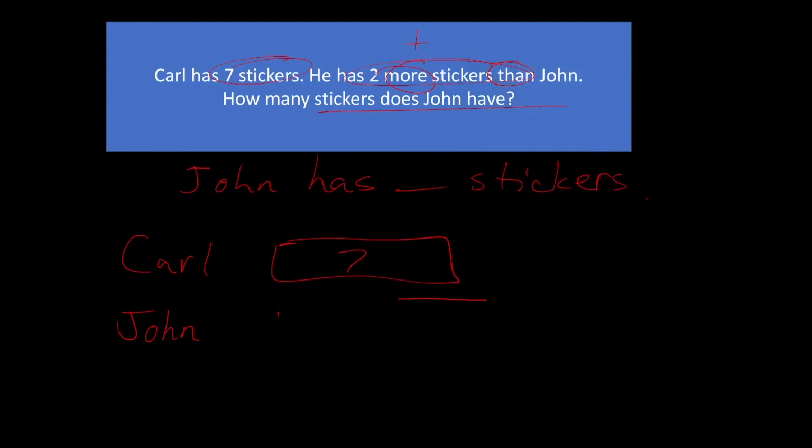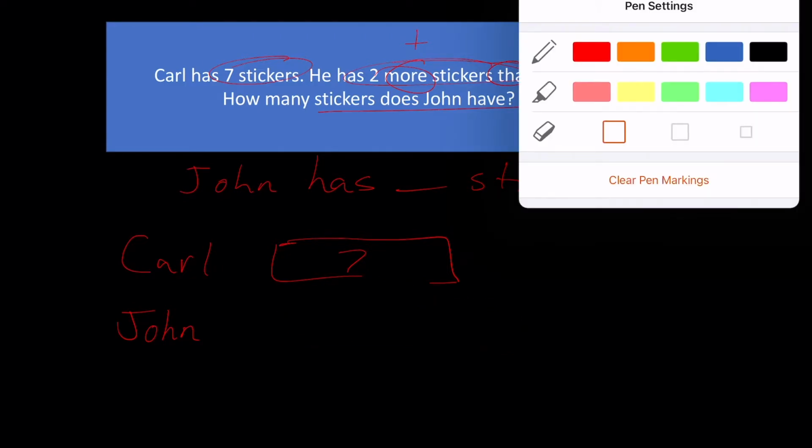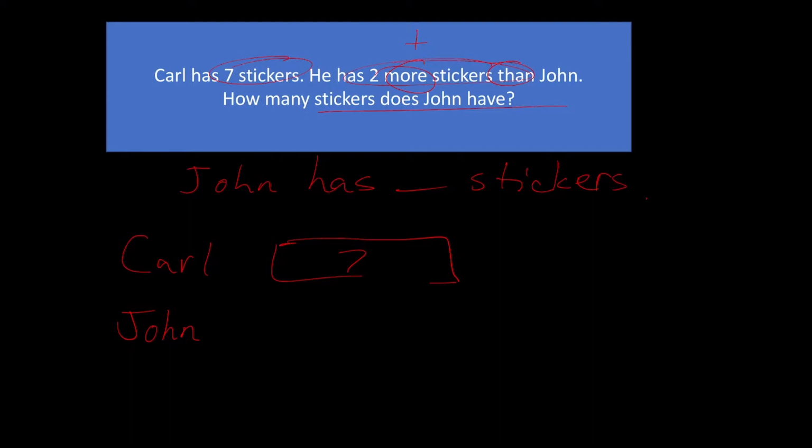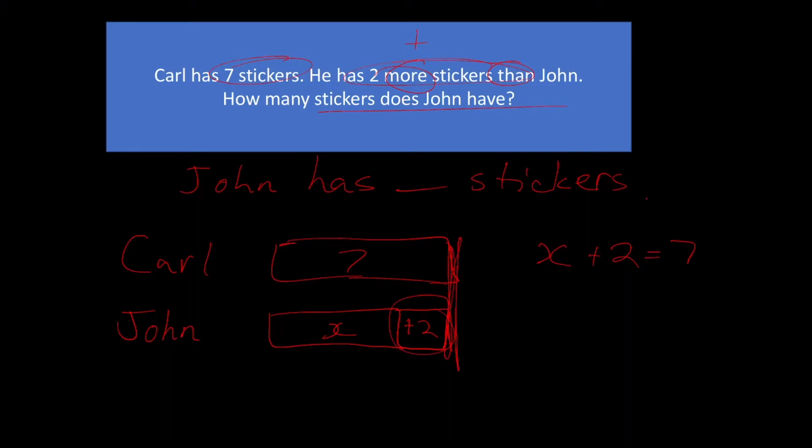All right, so John has slightly less, right? And we're unsure how much, but I add that other part in that says 2 more than right here at the end. Okay, and now I can write out my algebraic expression. So if John had 2 more, they would be the same size.